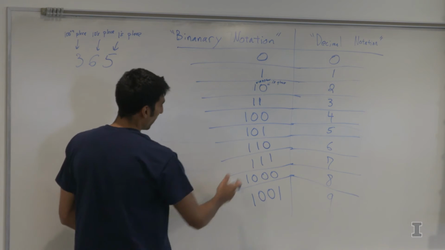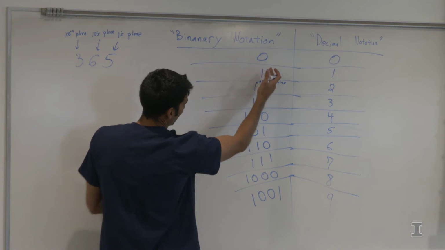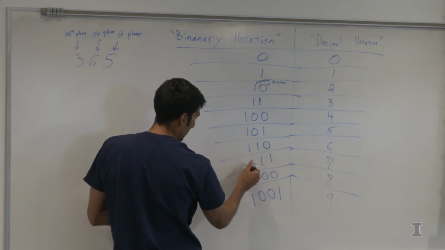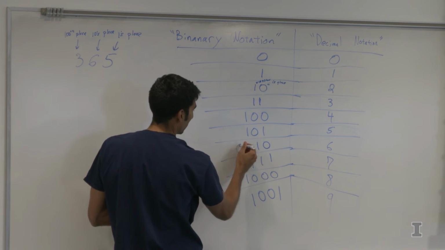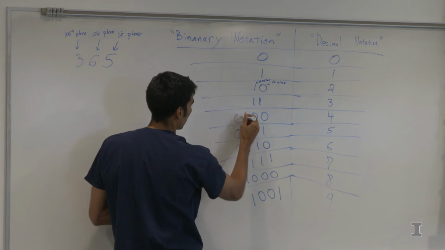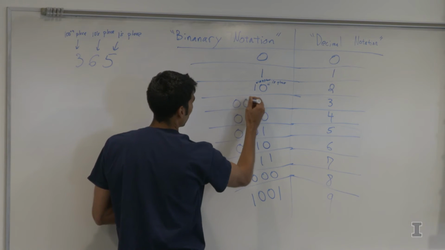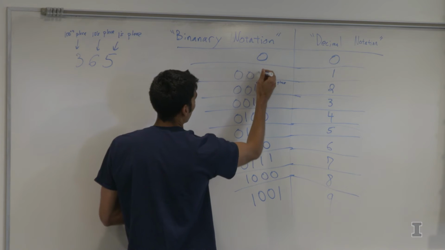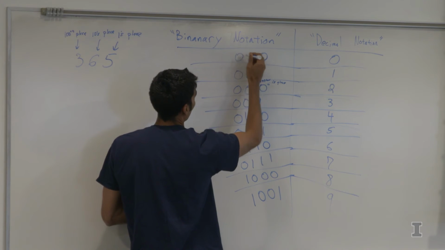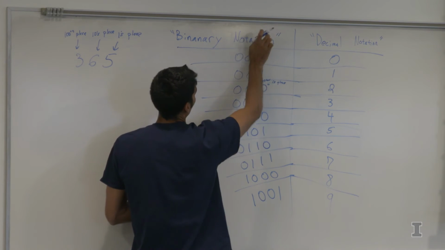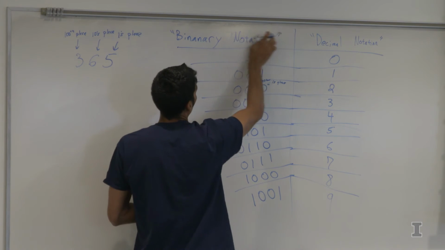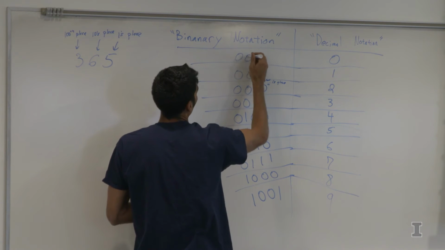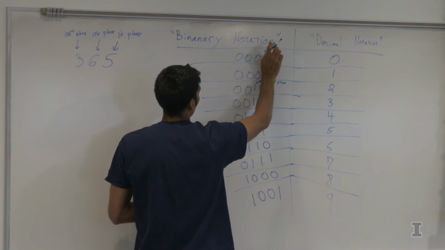Okay. So now, to keep everything the same length, we can just add some zeros on at the start here. Like this.